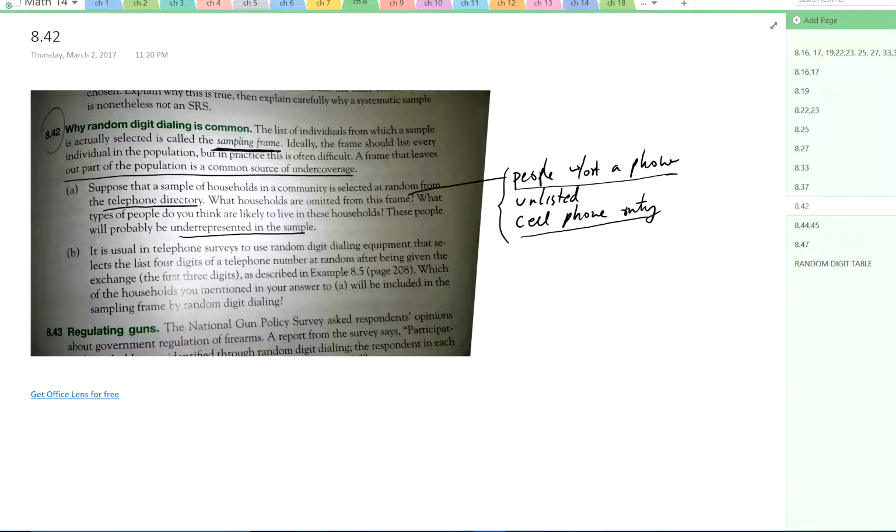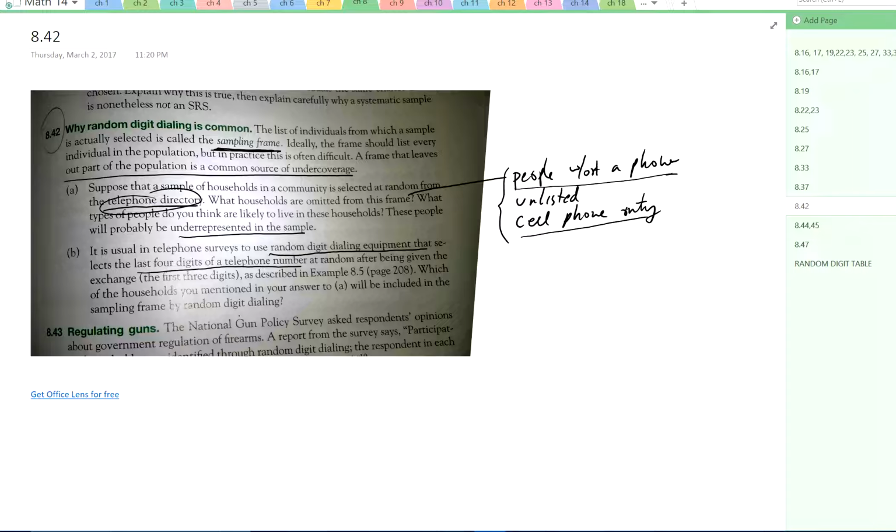B. It is usual in telephone surveys to use random digit dialing equipment that selects the last four digits of a telephone number. Rather than selecting from a directory, you're randomly selecting digits. Which of the households you mentioned in A will be included in the sampling frame?